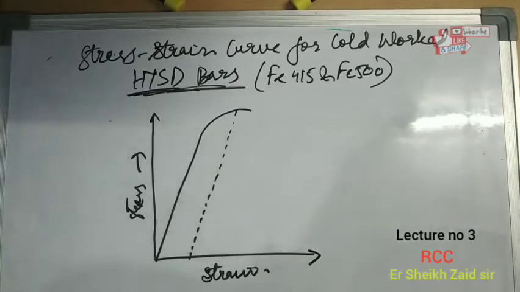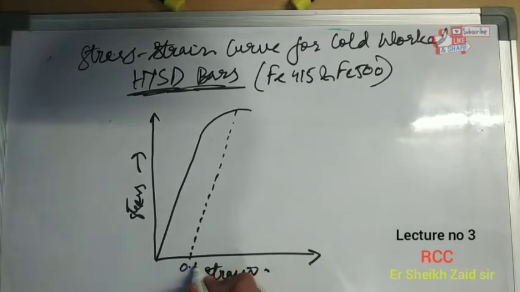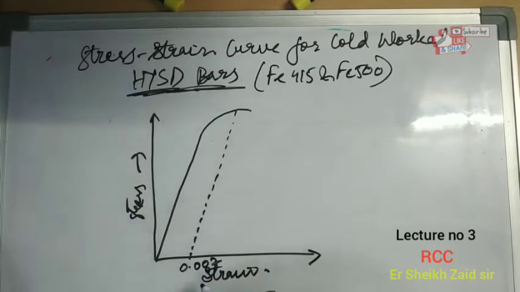As cold worked bars do not show a definite yield point, the characteristic strength or yield stress refers to a conventional value of 0.2% proof stress. The corresponding strain will be 0.2% proof strain, that is 0.002.